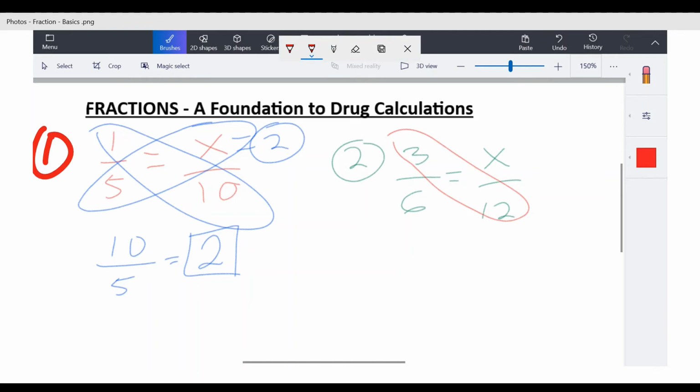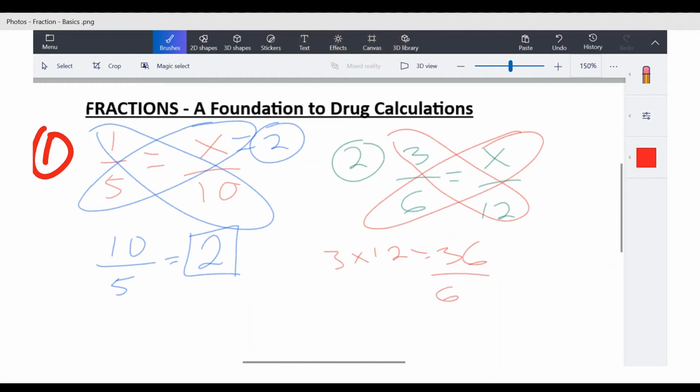So 3 times 12 is 36. Then we divide by the number that x crosses with, which in this case is 6. So 36 divided by 6 is 6. And that is our answer for x.